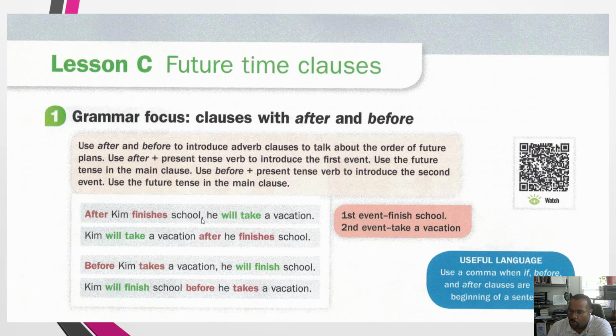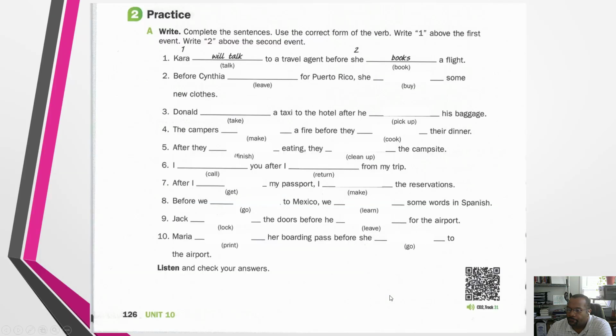After Kim finishes school, comma, right? We see that with before when we see before Kim takes a vacation. All right, and if it was if, it's a conditional. If Kim takes a vacation, then he will finish school, right?